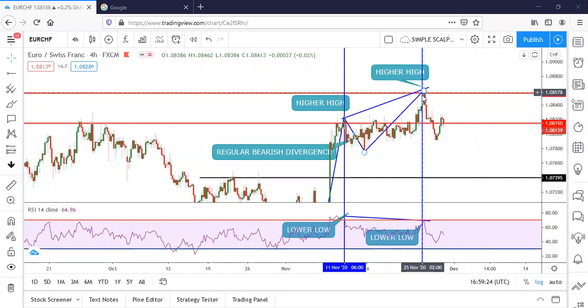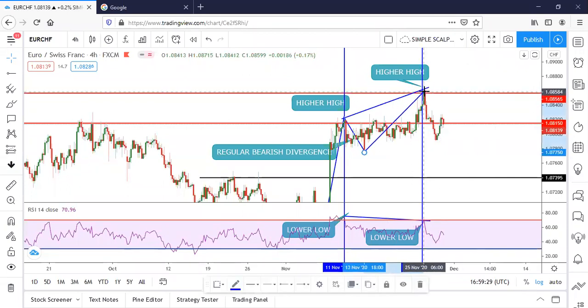Once you are able to spot that the market is going up and is at resistance, and you can see a higher high from your chart and lower low from your indicator, so then you want to, sorry, I said lower low, lower high.